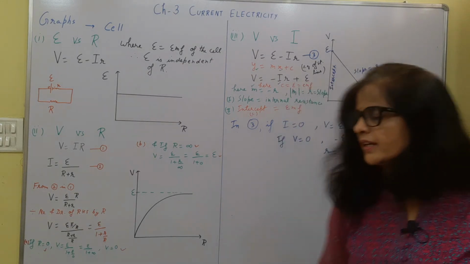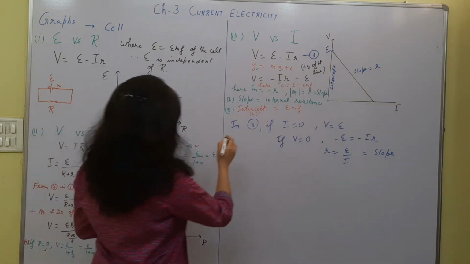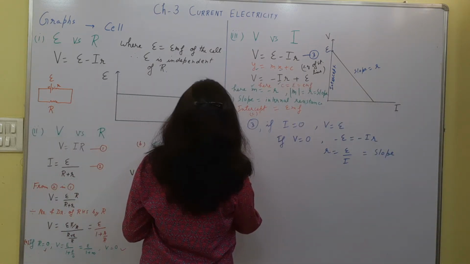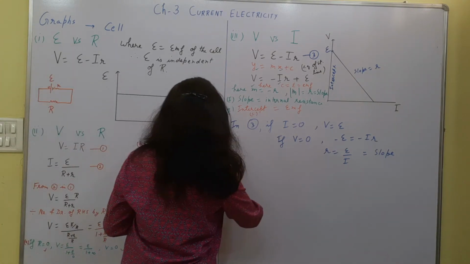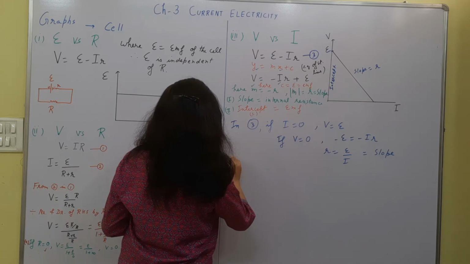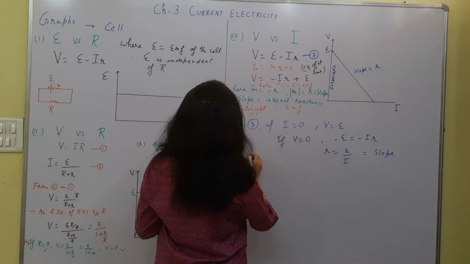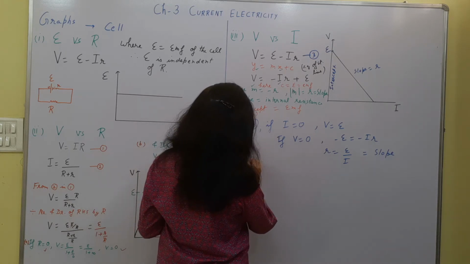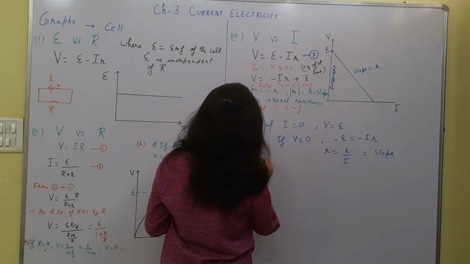The fourth and the last graph is current and resistance.